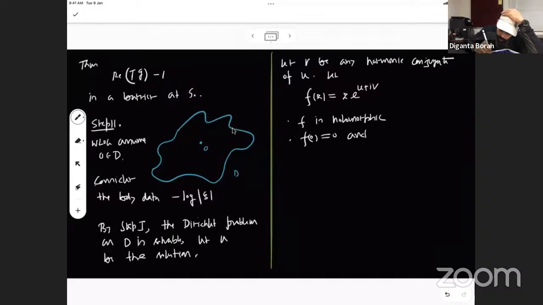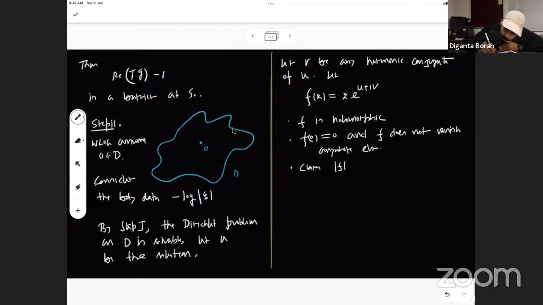So f maps 0 to 0. f is holomorphic. I still don't know it maps into the unit disk. We can check. My claim is that mod of f is less than 1. Let's verify this. Then I would know that it is going inside the disk, right?